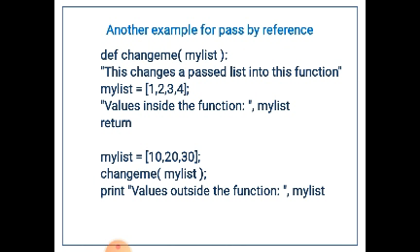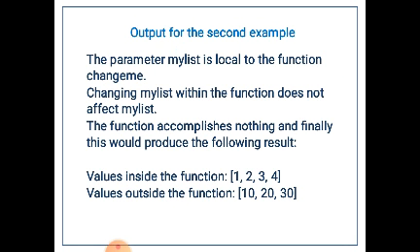You can see that the function was not called here from the global to the local block. So the parameter mylist is local to the function changeme. Now changing mylist within the function does not affect the second mylist.